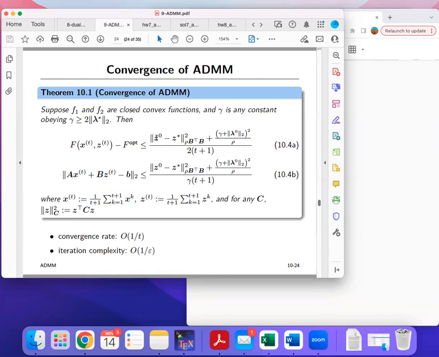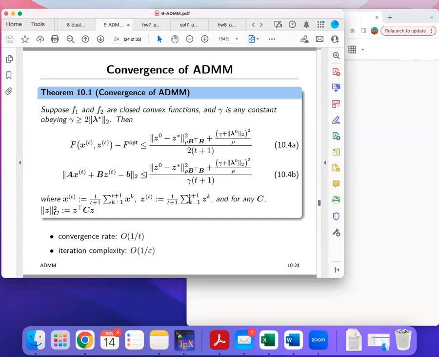And moreover, here for this matrix-based norm, it is defined as follows. So the Z norm to the power of 2, well, this norm depends on a certain matrix C, is defined in terms of this quadratic form.